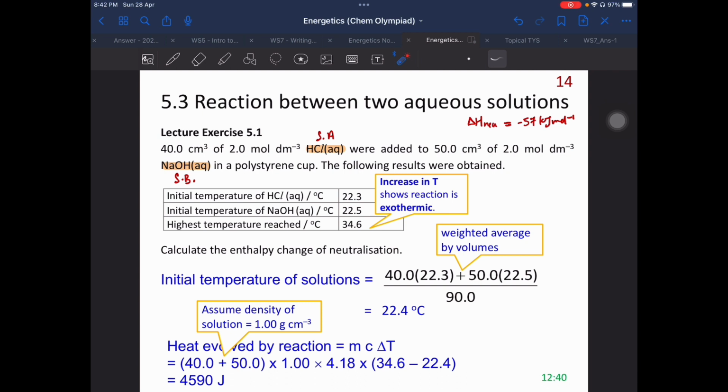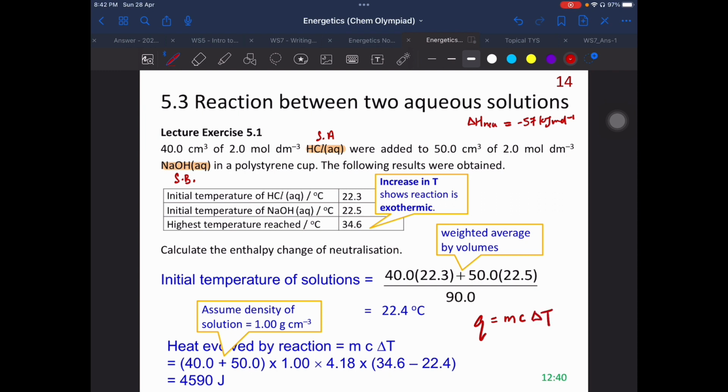Based on the data that's given here, the reaction involves a temperature change. They mention the initial temperature of the two solutions, then the highest temperature that's reached. So what we're going to do here is apply the formula that was shown in the earlier slide as well as in the video, whereby we look at the amount of heat evolved by following this formula of Q, which is heat, equals mass times specific heat capacity of the solution times delta T. Delta T represents temperature change.